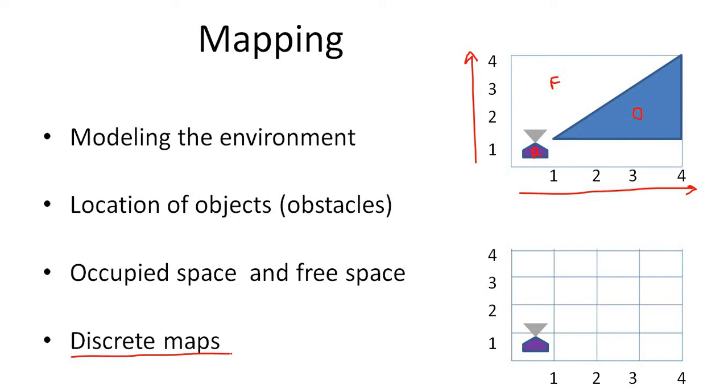In discrete maps, what we do is divide our environment into small cells or grids, you can say. This is a grid the same size as the room we have discussed above. So this room, we put a grid on it.